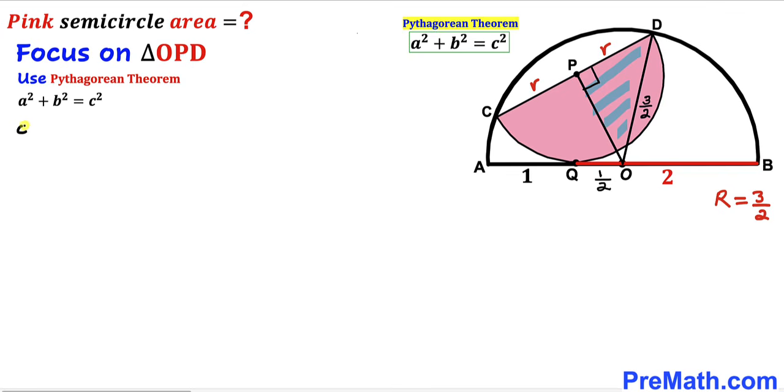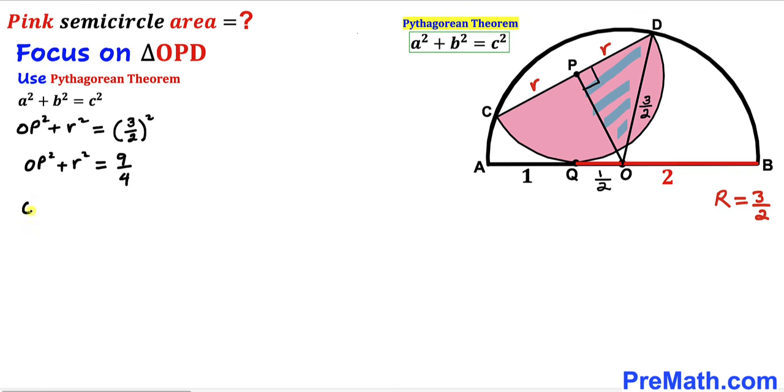So we got this side length OP square plus r square equal to 3 divided by 2 whole square. Let's simplify. We can write down OP square plus r square equal to 9 divided by 4. And now I'm going to move this r square on the other side.